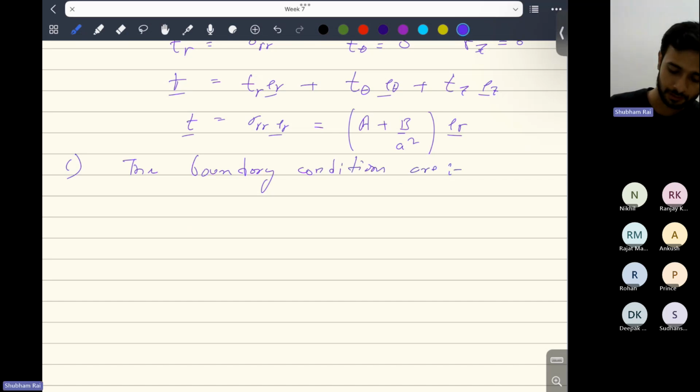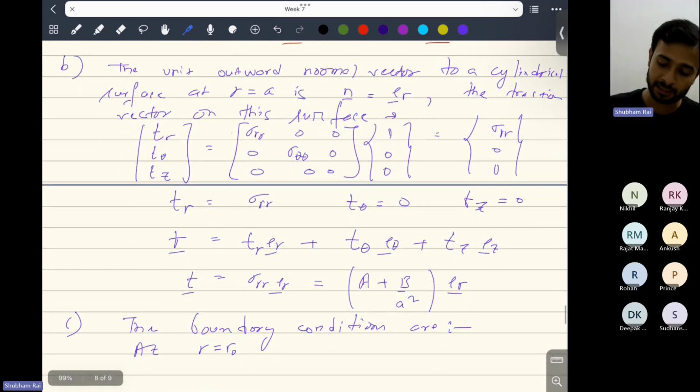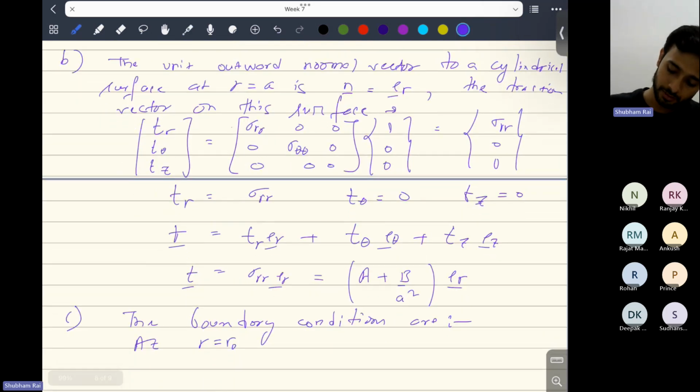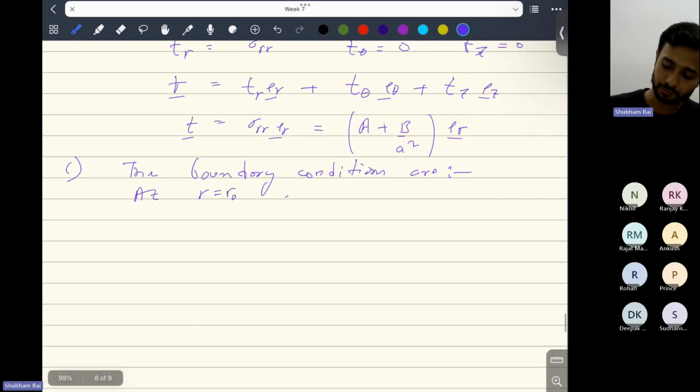The boundary conditions are given as at r is equal to r naught. We have found that the traction vector at any radius will be sigma rr only. So at r is equal to r naught, traction is given to be zero. It means sigma rr will be zero.